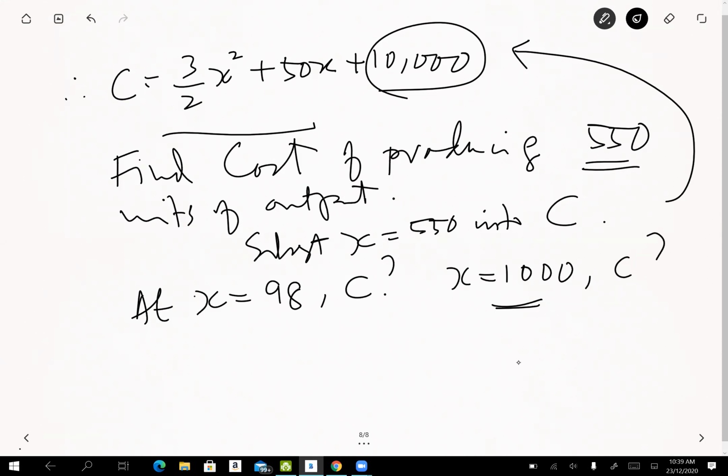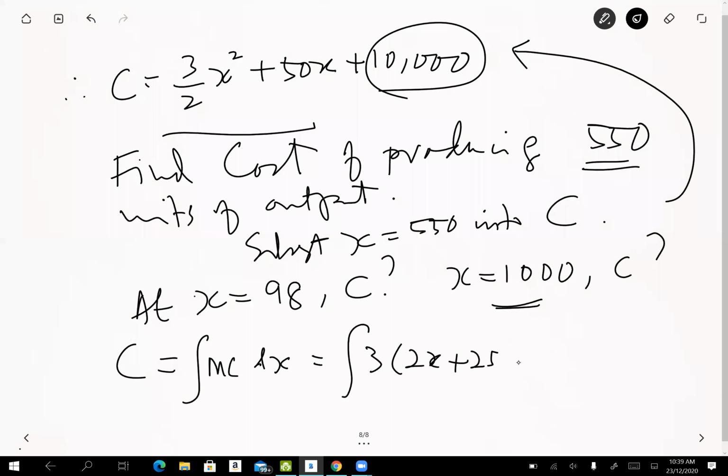How do I get the integral of that function? So here, I am integrating the marginal cost, dC/dx, which is equal to, given, 3 times (2x plus 25) to the power of half dx.